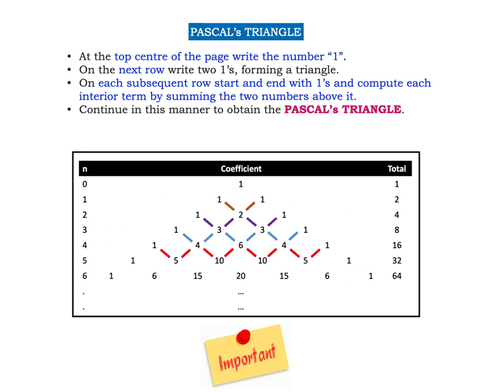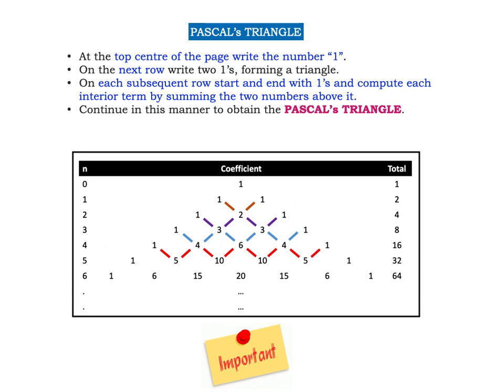Then when n is equal to 2, if you see the 2 short orange lines which I am adding, you will get 1 plus 1 is 2. And on either side of 2, you should write the number 1, again which looks like a triangle.